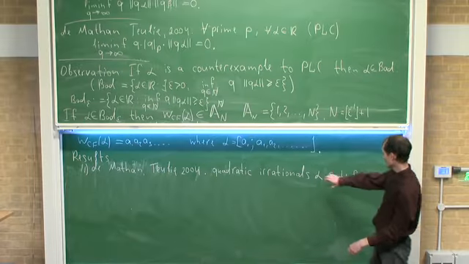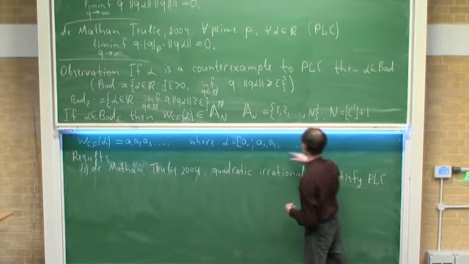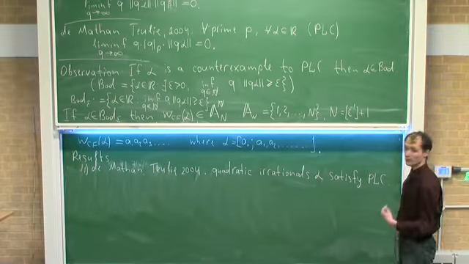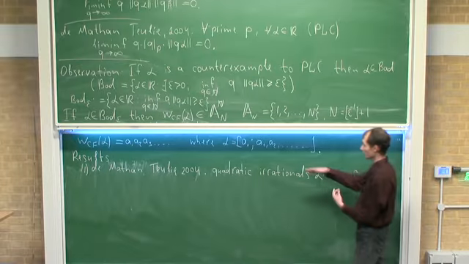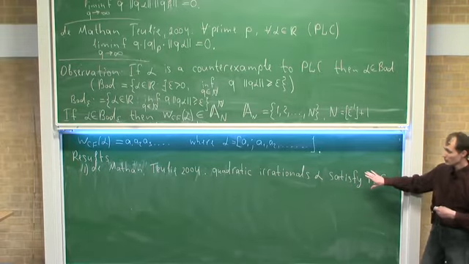In other words, for quadratic irrationals, the continued fraction expansion is eventually periodic, and if it's eventually periodic, then it satisfies the periodic conjecture. So this is what they proved.